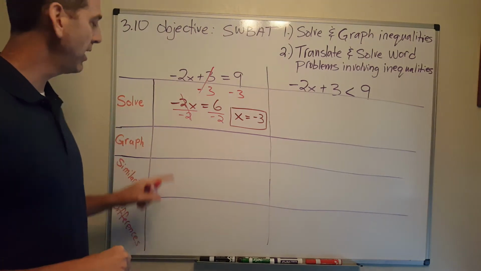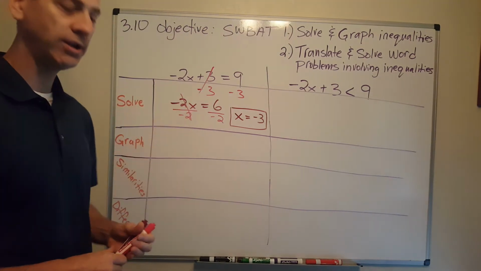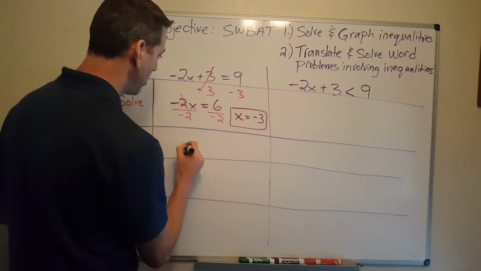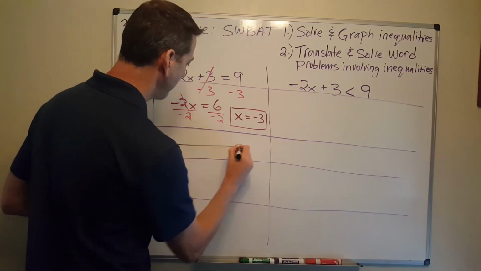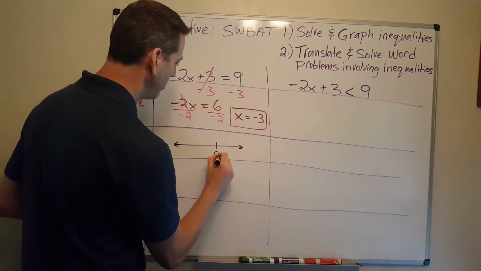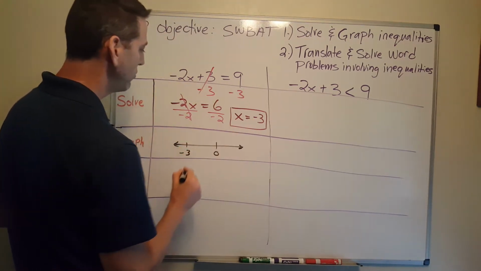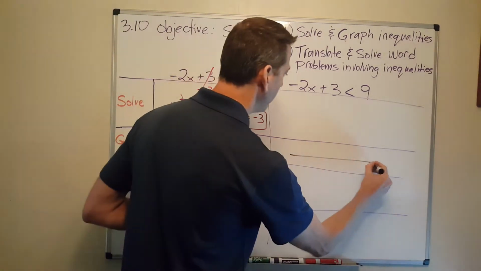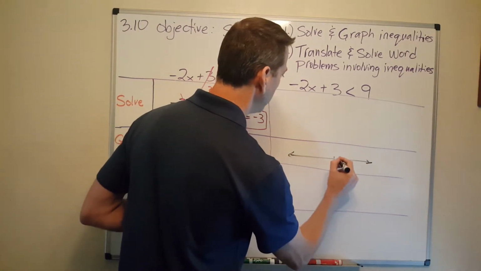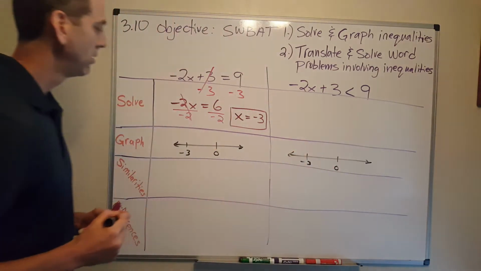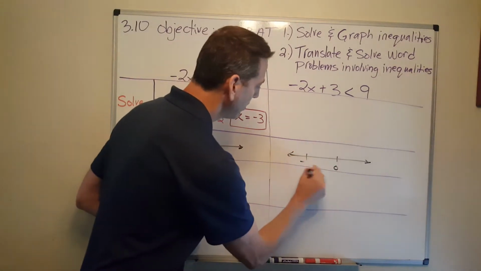Before we solve the inequality, let's graph our equation. On the number line, I'm going to have my 0 and a negative 3 out here somewhere. While we're at it, let's draw in a number line for our inequality as well.